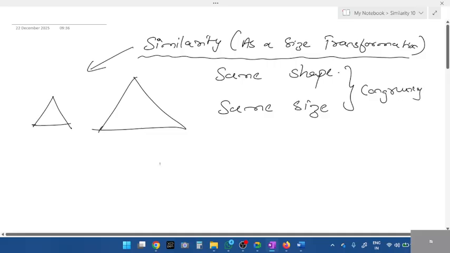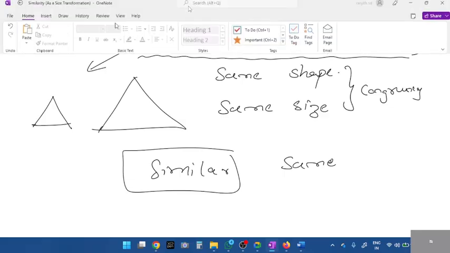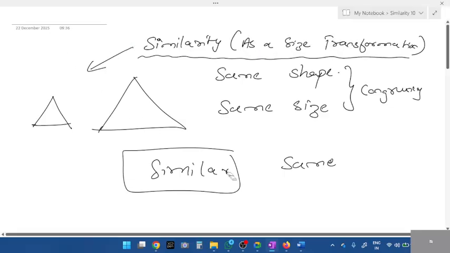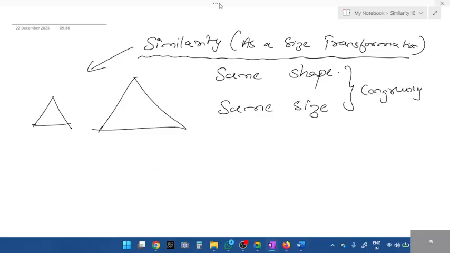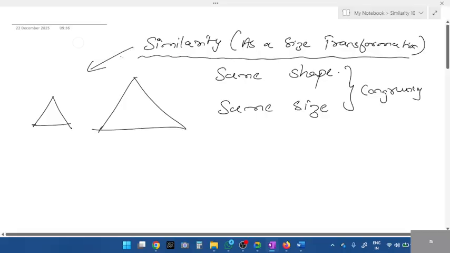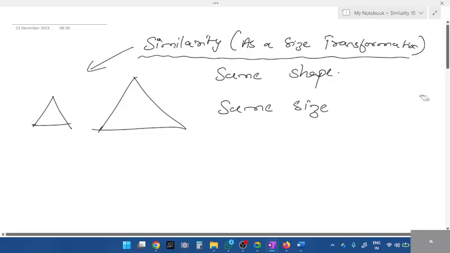See, similar and same, both are different. Similar means it kind of looks the same. In terms of shape, it is the same, but not the size. The size values are different. If both are the same, that is congruency.